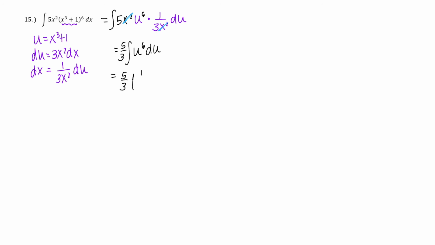Right. Integrating, we have 5/3. This will be 1 over 7 u to the 7 plus c. So we have 5 over 21, and then u to the 7th, so this will be x cubed plus 1 raised to the 7th plus c.